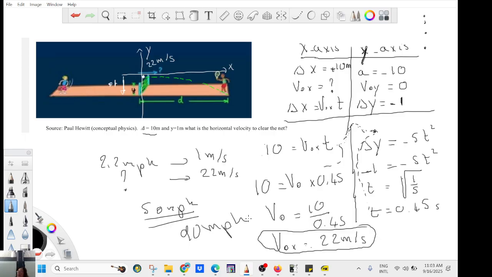There's an X and a Y, but here we only have X and Y because we are doing it in a plane. The magnitude of the displacement is called the distance, because distance is a scalar.